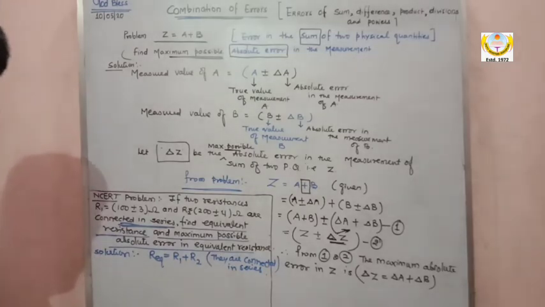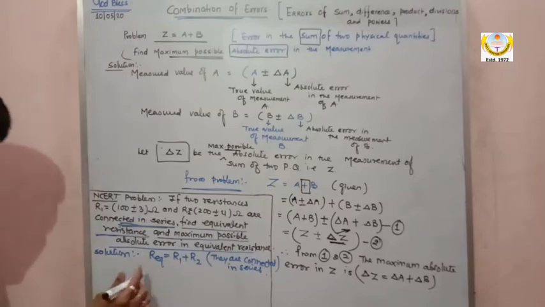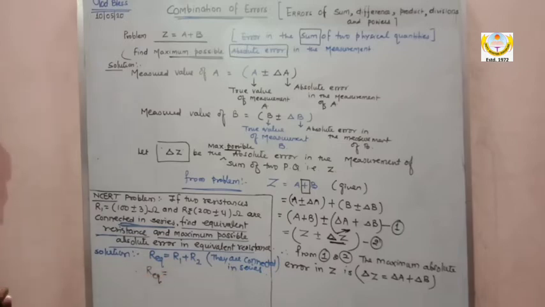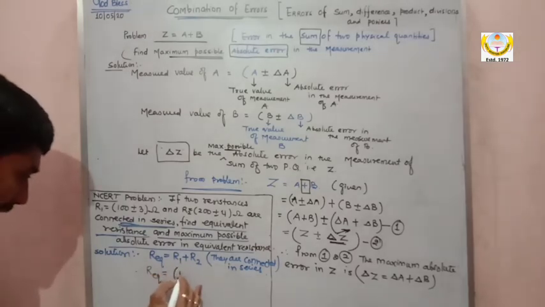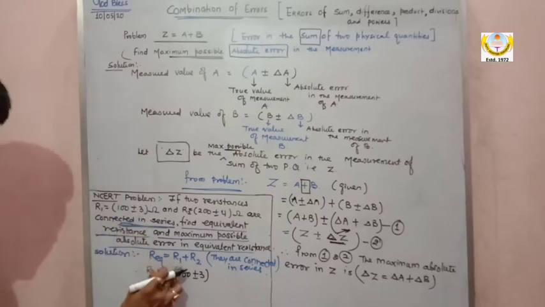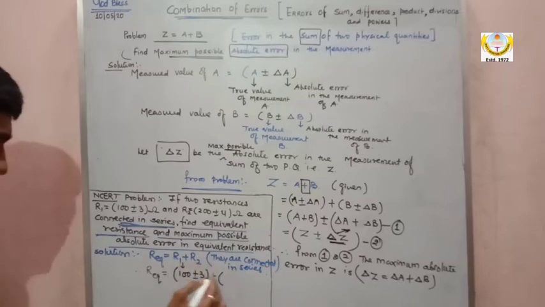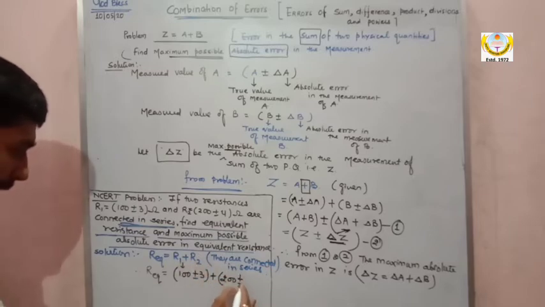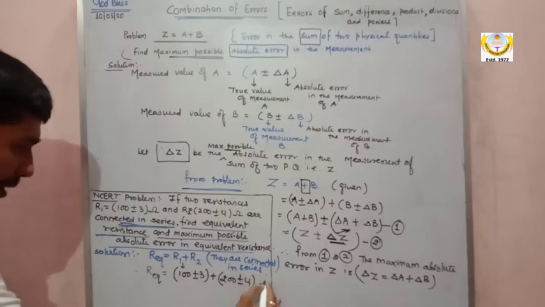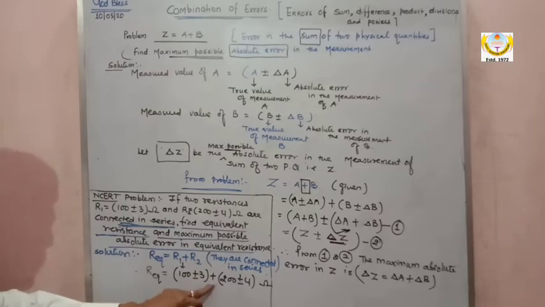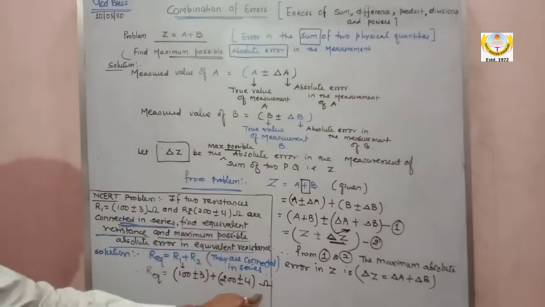So R equivalent is equal to R1, that is 100 plus minus 3, plus R2 value, 200 plus minus 4, all in ohms.